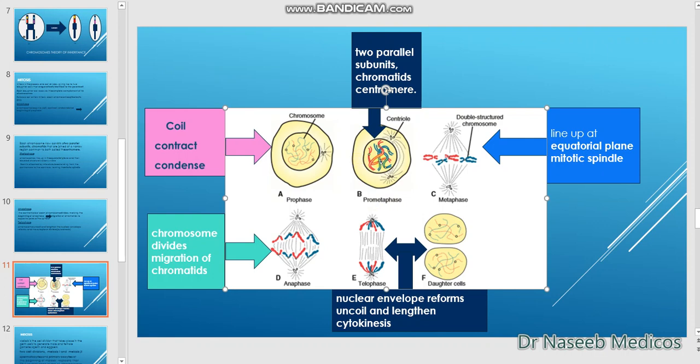You can see this red one has two parallel subunits, this green one also has two units, these are chromatids, and they join through the centromere. That's the metaphase. They come to the equatorial plane, and they attach to the mitotic spindle, which consists of centrioles and microtubule fibers.